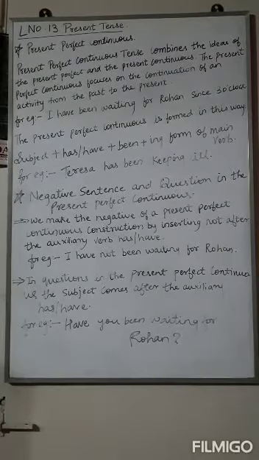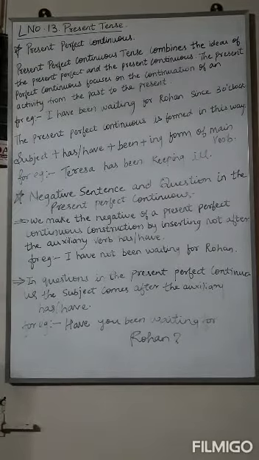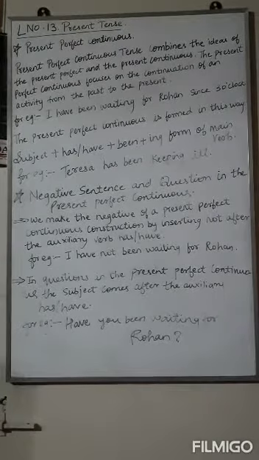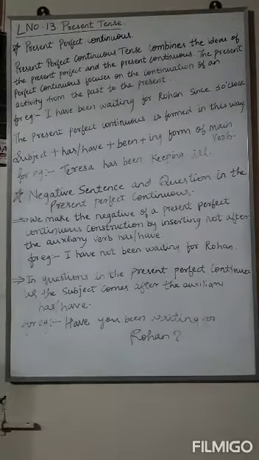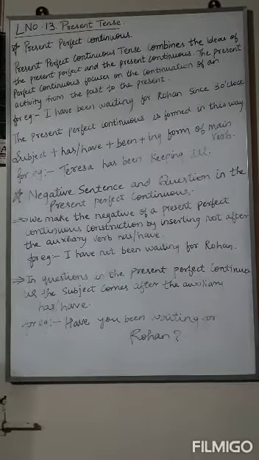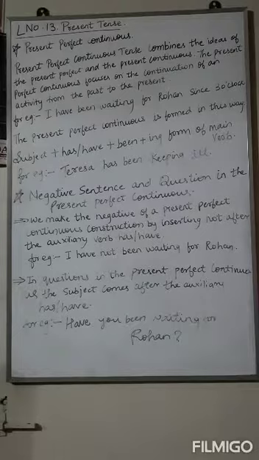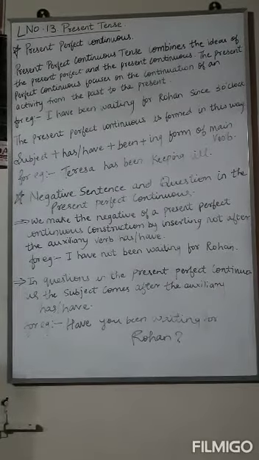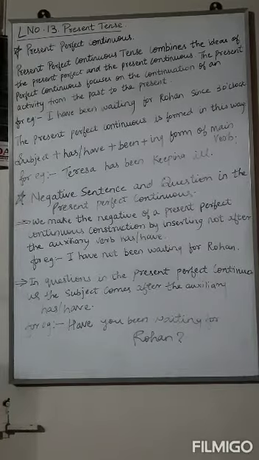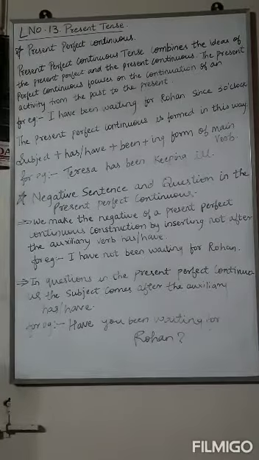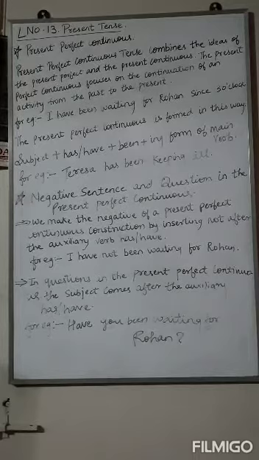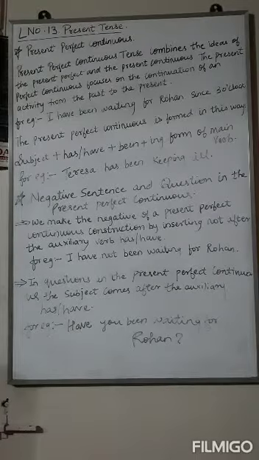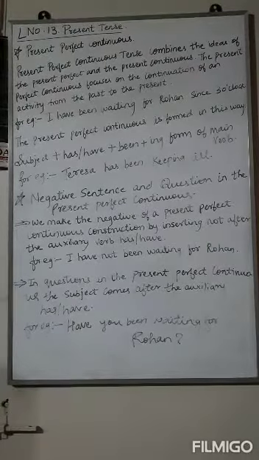In question form, the subject comes after the auxiliary has or have. For example, have you been waiting for Rohan? You is the subject, and before the subject comes the auxiliary verb have, to make the question.